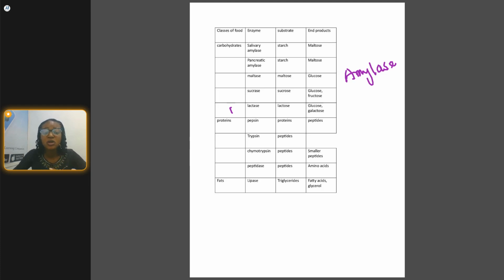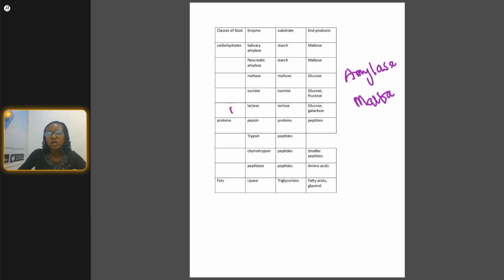Please take note of the enzymes, and take note of the end product of each of these classes of food. That is, after the enzymes might have acted on them, what will be the end product? So we also have an enzyme known as maltase.